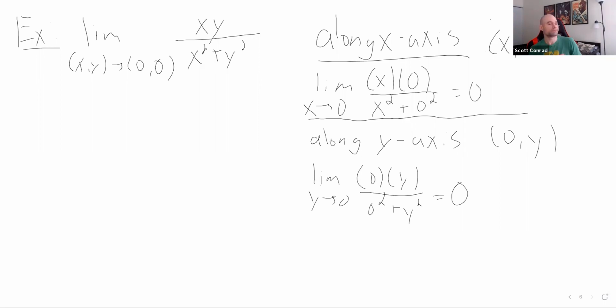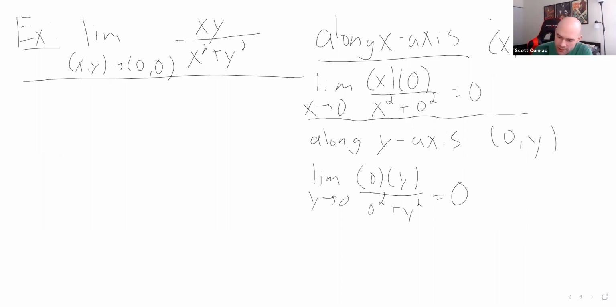This limit is also 0. So the limit along the x-axis and the limit along the y-axis agree, but that doesn't tell us anything because there are infinitely many other ways we could approach (0, 0), which could give a different limit. So this is inconclusive here.